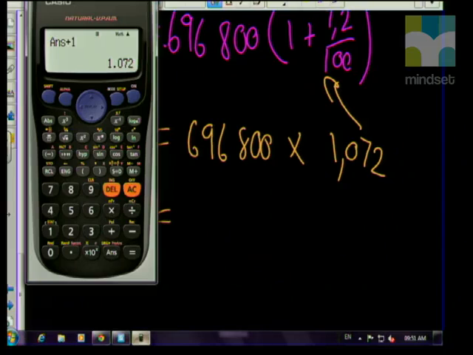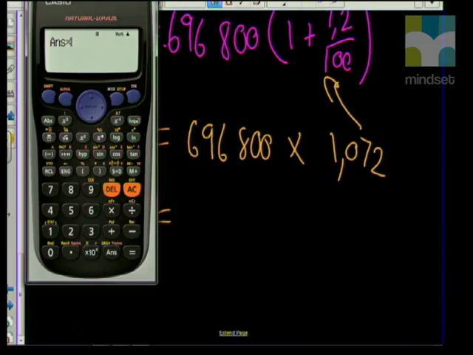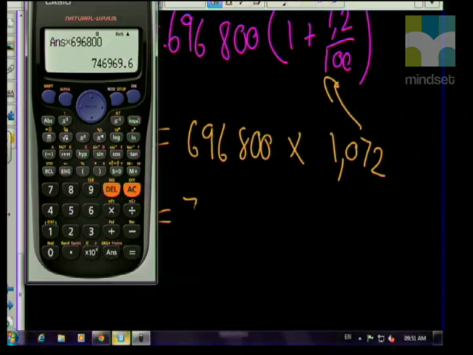We're going to take that answer and multiply it by 696,800, which equals this huge number of 746,969,60. Now, there are 2 things that I wanted to just say at this point.